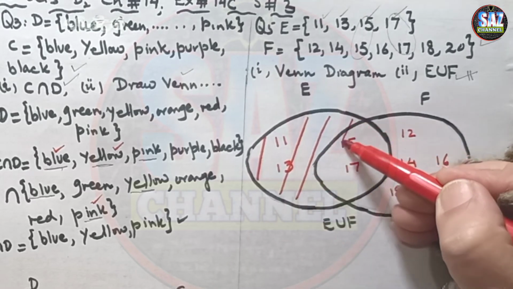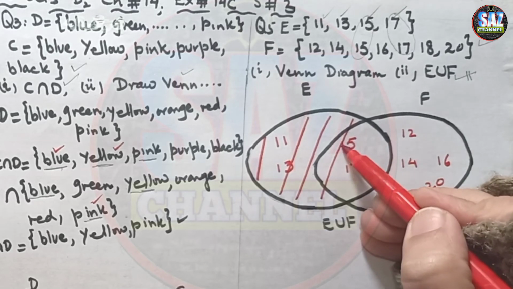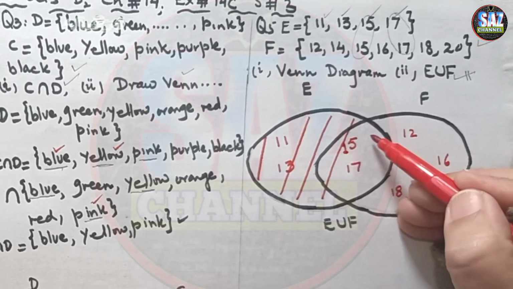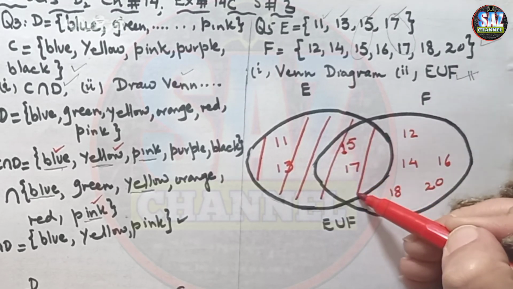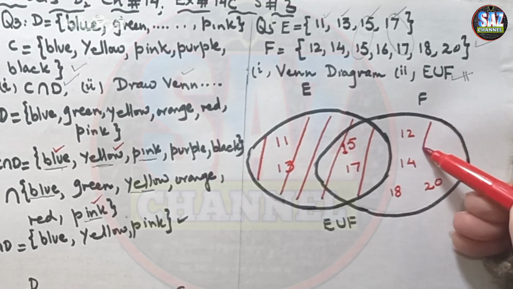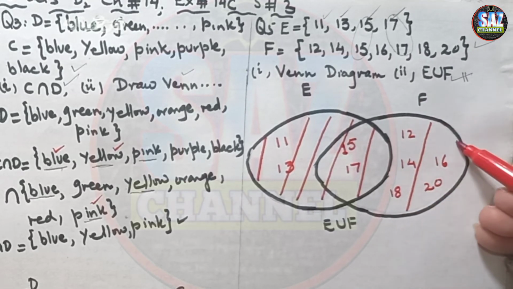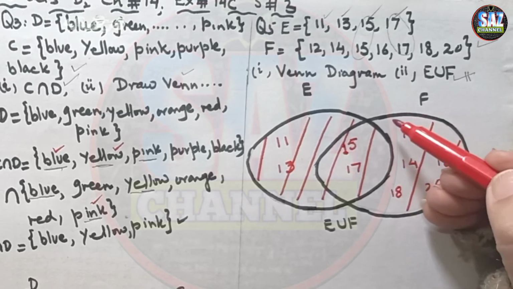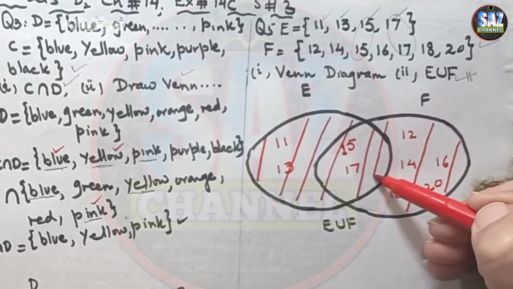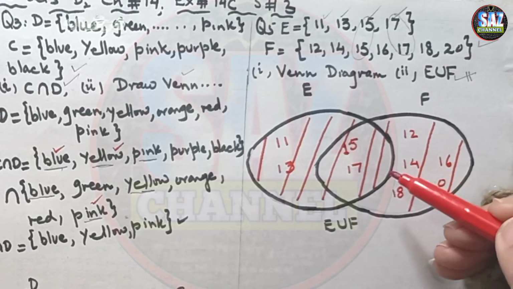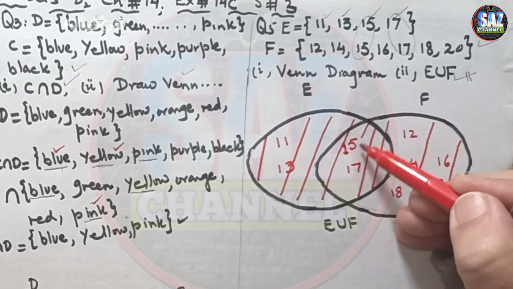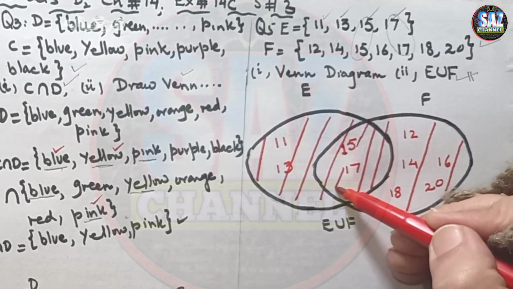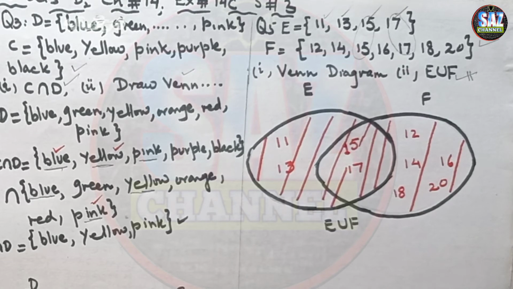I have to shade very nicely and neatly. Let me make it a little prominent, okay, and my shading will be coming over here. I have to shade both the sets, the complete diagram. I hope you are clear about how we are drawing the Venn diagrams for the given situation, and how we are finding the intersection and union.